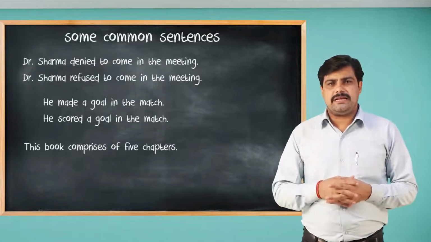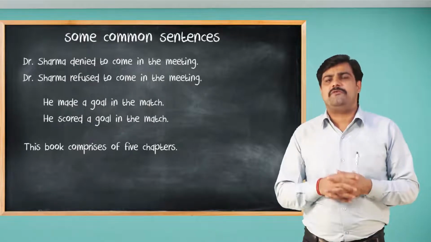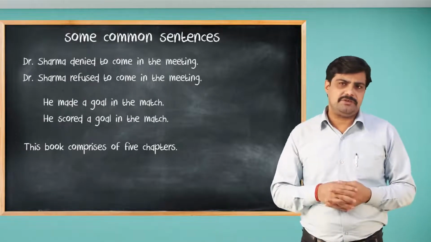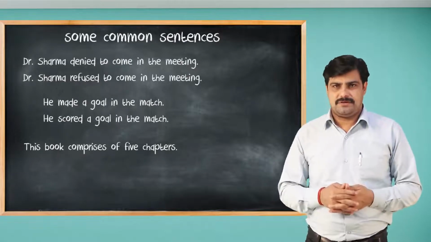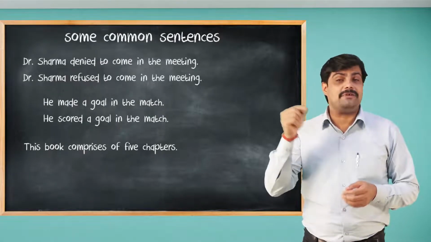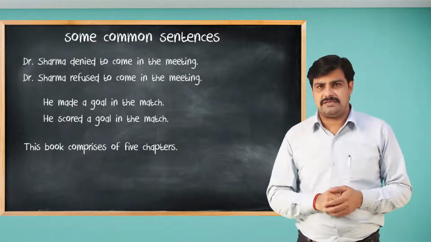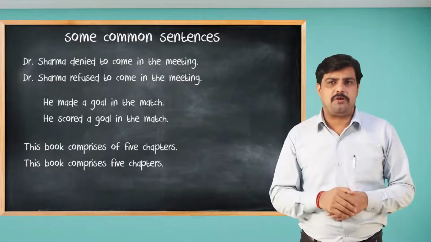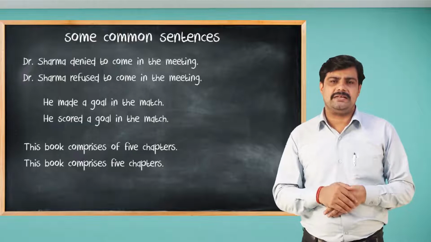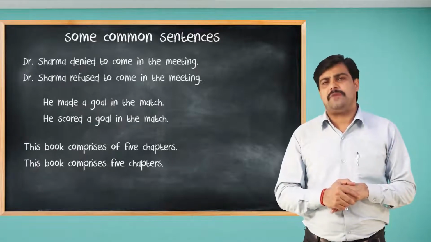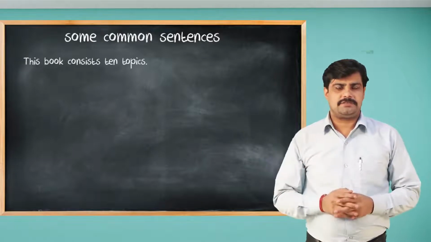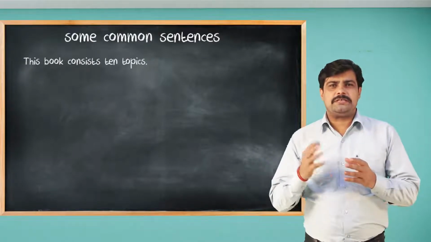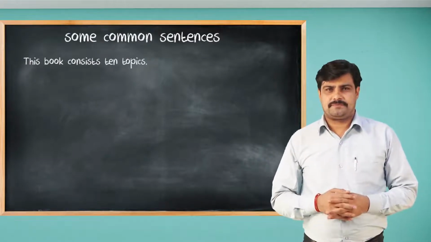Now let's take another sentence. "This book comprises of 5 chapters." Many times we used to say like this. We use "comprises of", while the verb comprise never takes the preposition after it. So erase the preposition "of" from here and say the sentence, "This book comprises 5 chapters." Now let's take another sentence. "This book consists 10 topics."